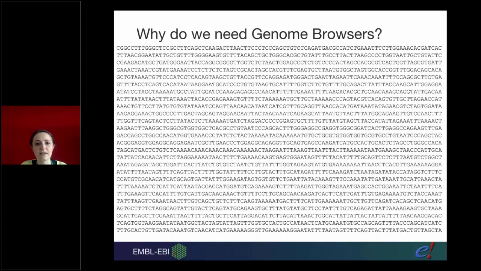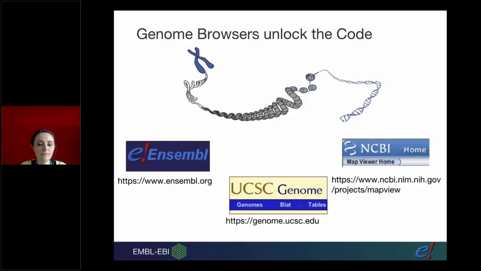And that data looks like this. It is utterly meaningless by itself. It only has any value when you incorporate it together, when you annotate things onto this. So genome browsers are one of the ways that we unlock the code, as it were, of genomic data.